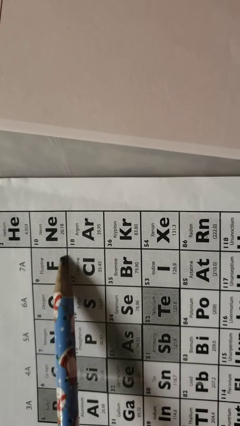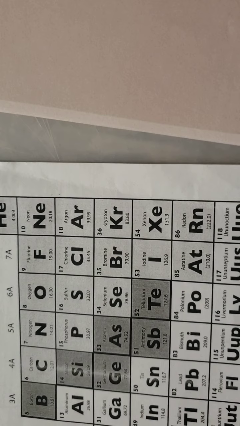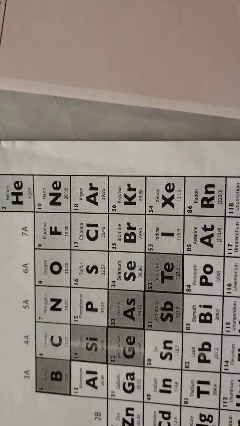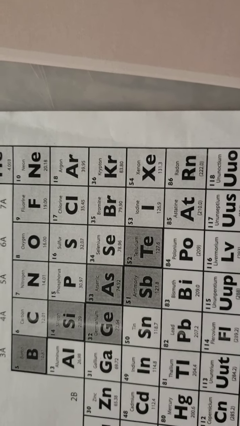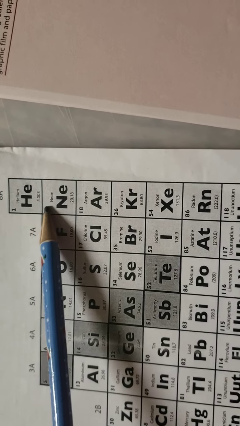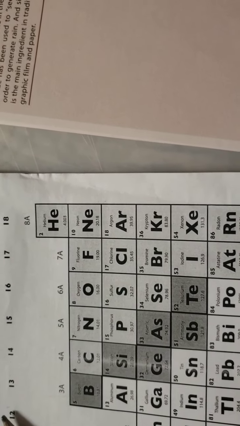That's how reactive the halogens are, is they're never found alone because they're so reactive that they'll bond with each other to make them, I guess, steadier. And then the noble gases is the last family, and they are very stable. They have a complete valence shell, and you pretty much always find them alone, unreacted with anything else.